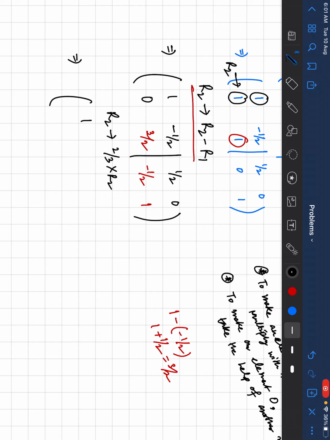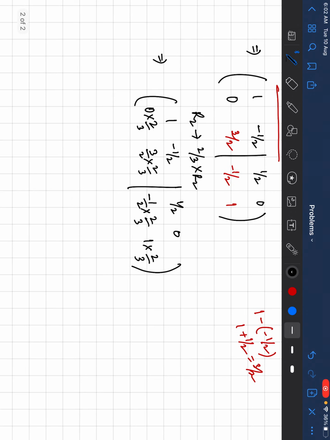We have 1, minus half, 0 into 2 by 3, then 3 by 2 into 2 by 3, then half. The same operations we're going to do on the other side: minus half into 2 by 3, then 1 into 2 by 3. This is what we have.